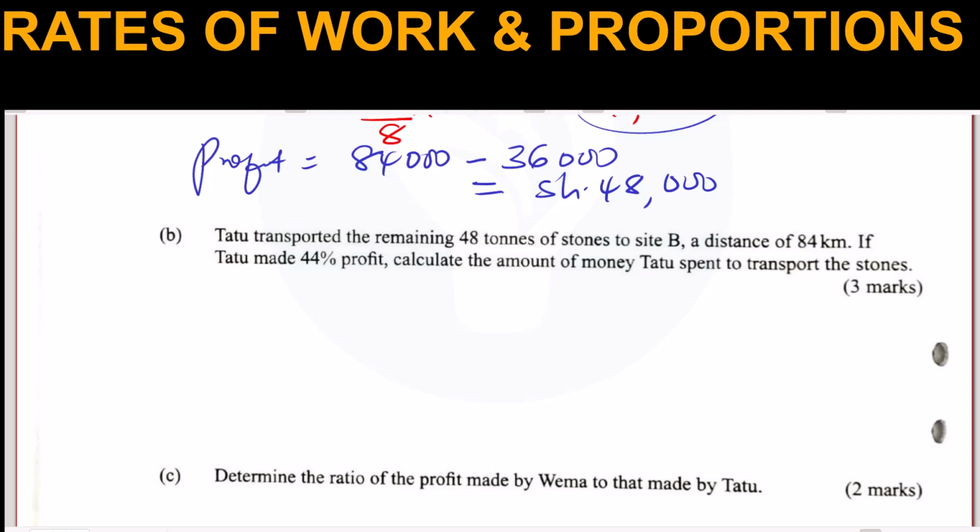Part B. Tatu transported the remaining 48 tons of stones to site B, a distance of 84 kilometers. If Tatu made 44% profit, calculate the amount of money Tatu spent to transport the stones. We're going to use the first part to get the amount of money paid to Tatu for transporting 48 tons for a distance of 84 kilometers.